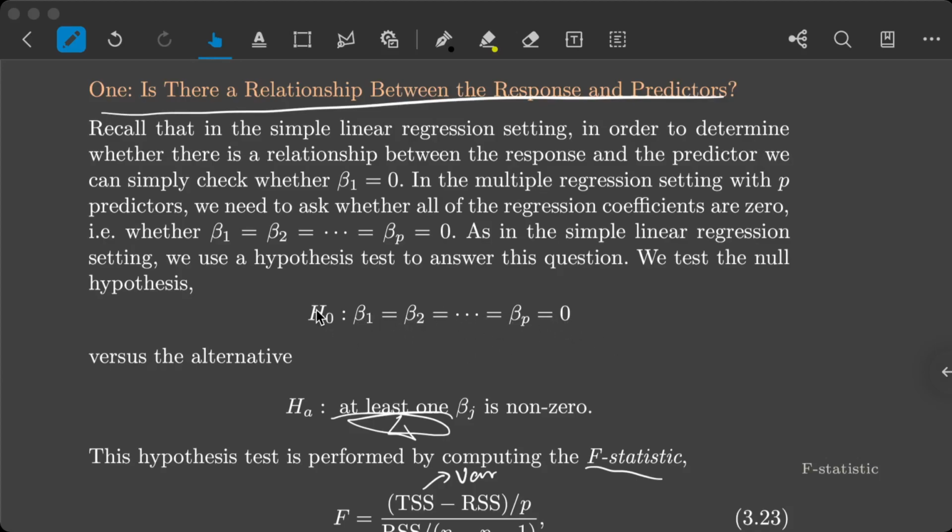Zero means that there is no relationship between x and y. And the alternative is that at least one beta is non-zero. It means at least one of the predictors is correlated with the response.